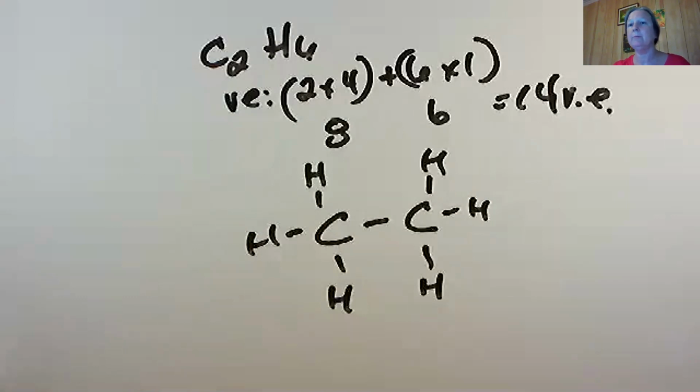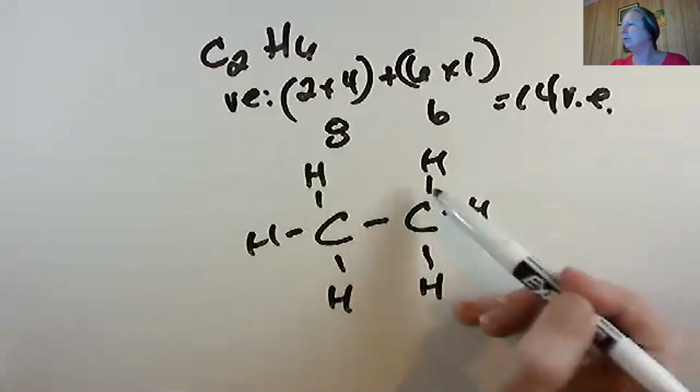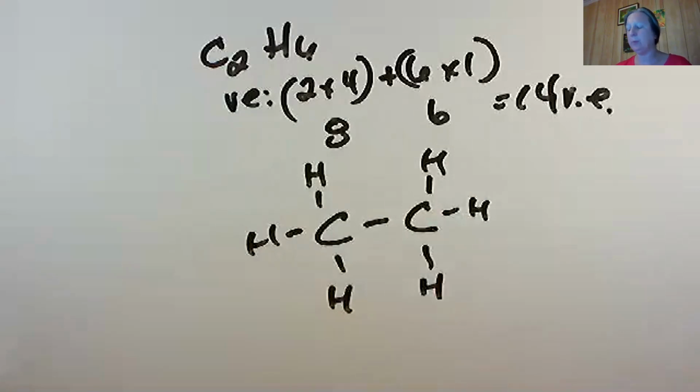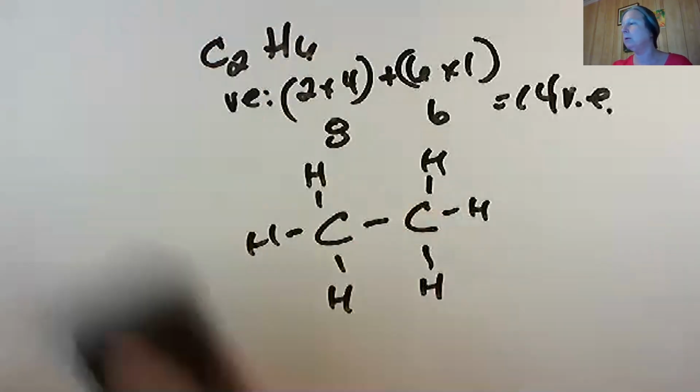So we have 2, 4, 6, 8, 10, 12, 14. Yes. So this is the Lewis structure that we're now going to do the molecular shape of. So I'm going to erase this and move it up so I have room.